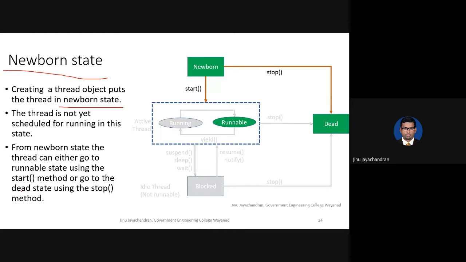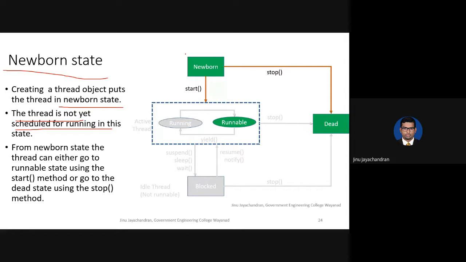For example, when you declare a class, as we have seen in the last class, we can declare a class with a thread by saying class A extends Thread. Thread is the class name which is implemented in Java. When you do that, you are actually just creating a thread, but it is not running, not yet scheduled to run.